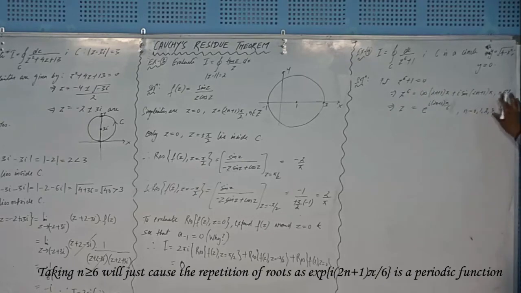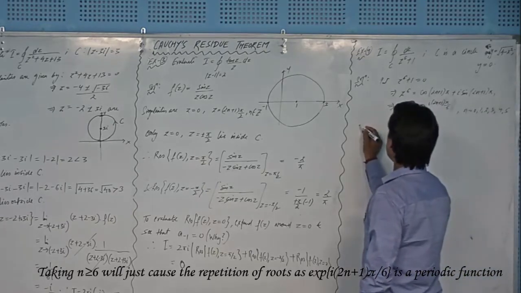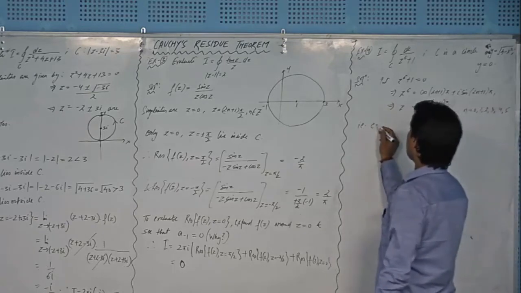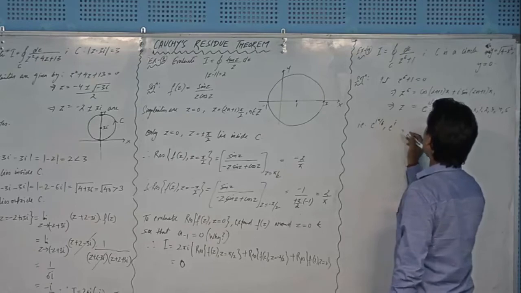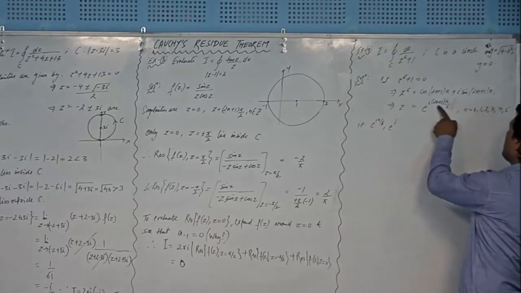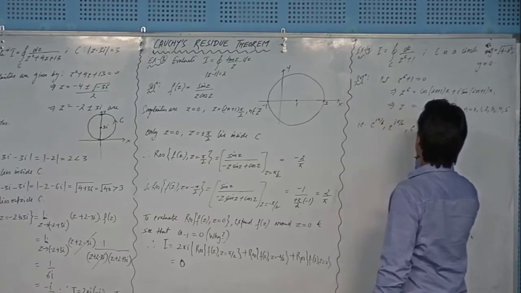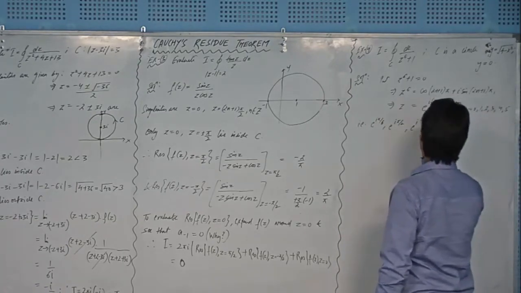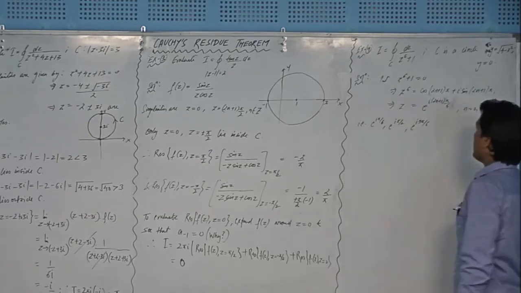Okay. So I erase this. Now just plug in 0. The first one will be, if you plug 0, e to the power iota pi by 6. And the second one will be e to the power iota, if you plug 1 here, 3 pi by 6, that will become pi by 2. And e to the power iota, put 2, that will be 5 pi by 6, right?